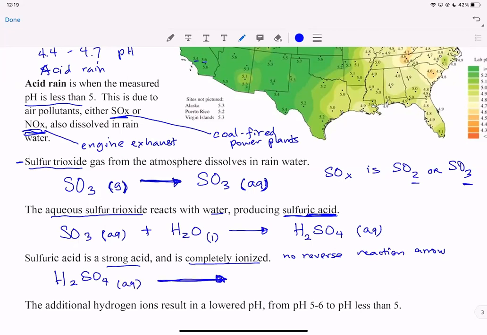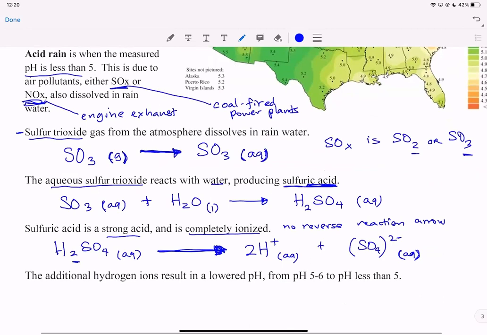You're probably more used to only the forward arrow; those are the ones I usually draw for chemical reactions. So there's only a forward arrow, no reverse, no backwards. And that means this breaks up into the ions, which are 2 hydrogen ions, coming from that 2 subscript, and the sulfate SO4, which is the 2- ion.